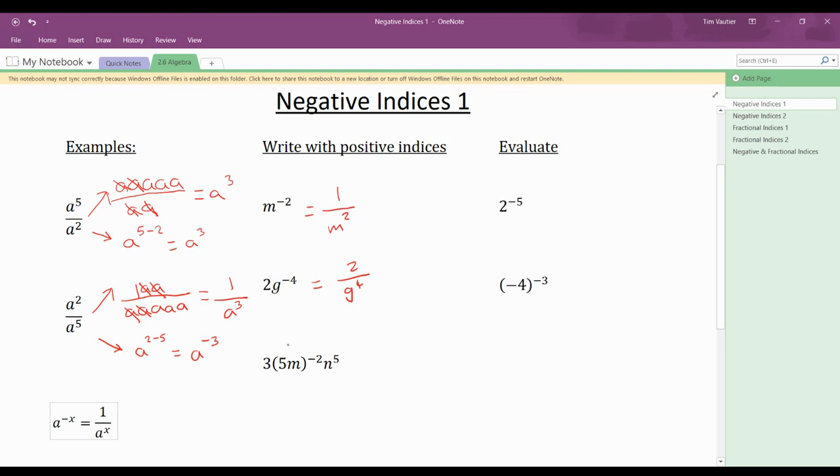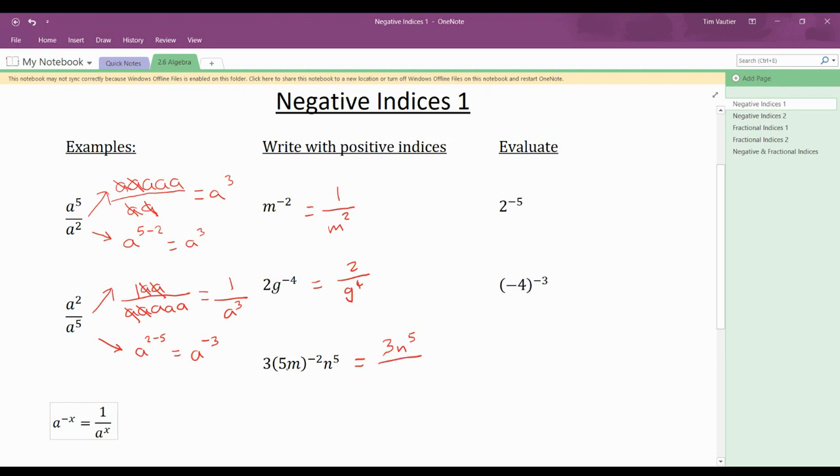Looking at this one here, we need to do a similar line of thinking. The negative power is applying to the 5m, but the 3 and the n to the power of 5 are not being acted on by a negative power. So the 3 at the front is going to stay on top, and also the n to the power of 5 will stay on top.